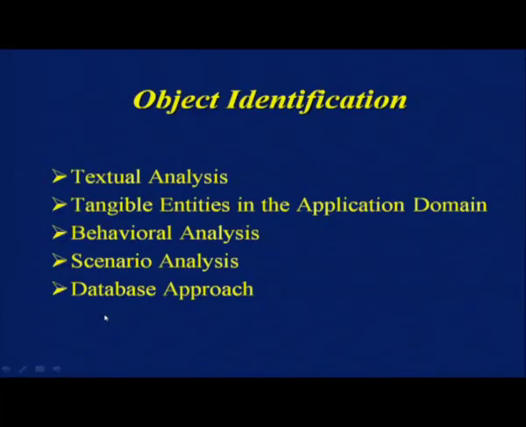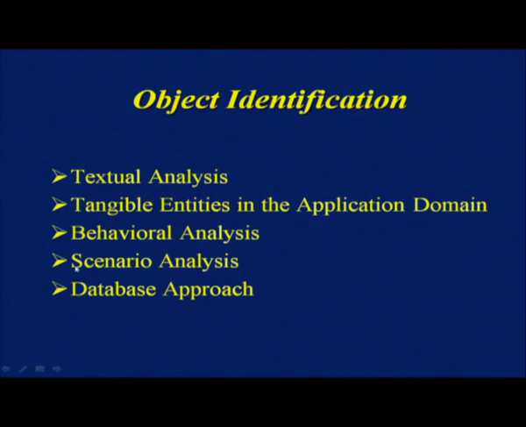So, we have seen textual analysis, tangible entities, behavioral analysis, scenario analysis. Scenario analysis is more like state machine model, but then behavior is also about the state. Scenario, something will fit, either the data or the state, we can do these two things together or separately, some idea about objects will come.